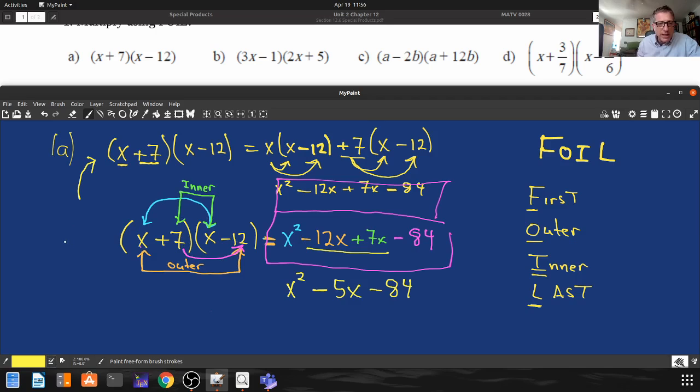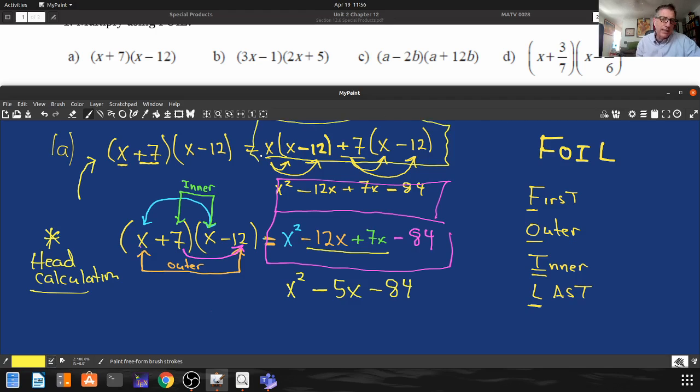The only thing I can say in favor of FOIL, and the reason I do it, is because this is easy for head calculation. You can look and write. I usually find it's much easier to write this intermediate step. And that's all there is to it.